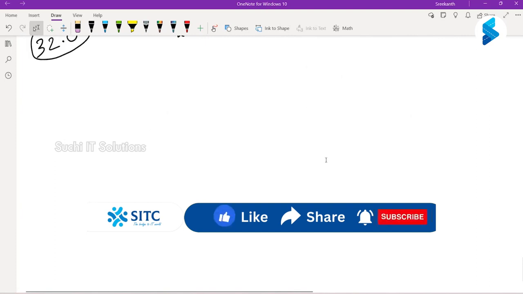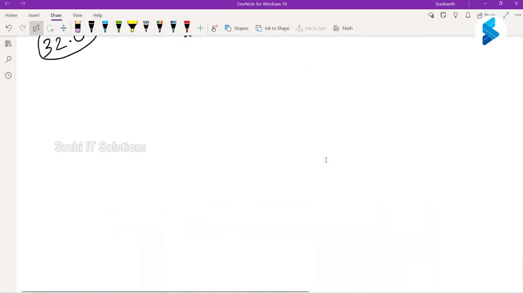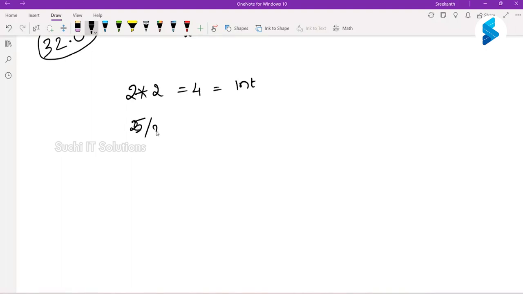So this is how Python internally computes any expression. With respect to the numbers, it applies the BODMAS rule internally. Let us say 2 into 2 will result in 4, which is an integer. 5 by 2 will result in 2.5, which is going to be a float.